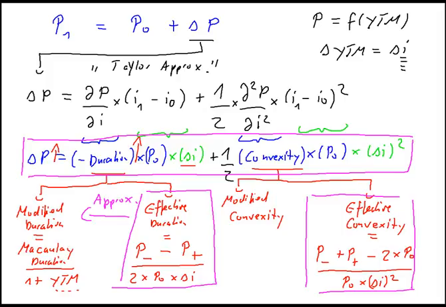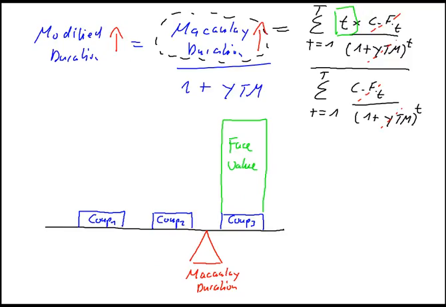That means the price volatility of the fixed income security would be higher. So if you are able to determine what characteristics lead to a change in the Macaulay duration, then we know what will happen with the modified duration and whether the price volatility will go up or go down for our fixed income security.